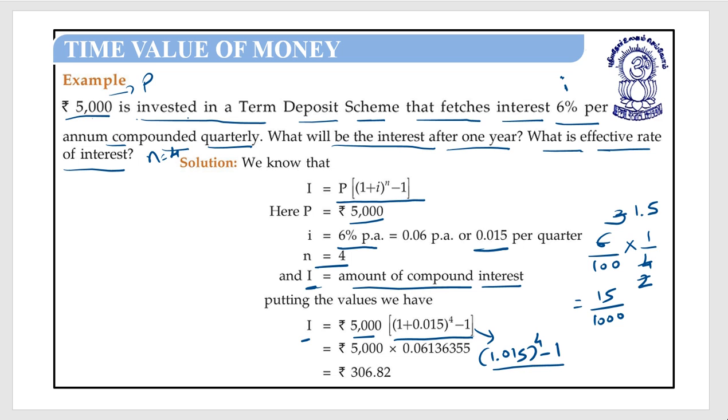This value, or answer, is 0.061366355. Multiply with 5000. So it becomes 306.82 rupees.